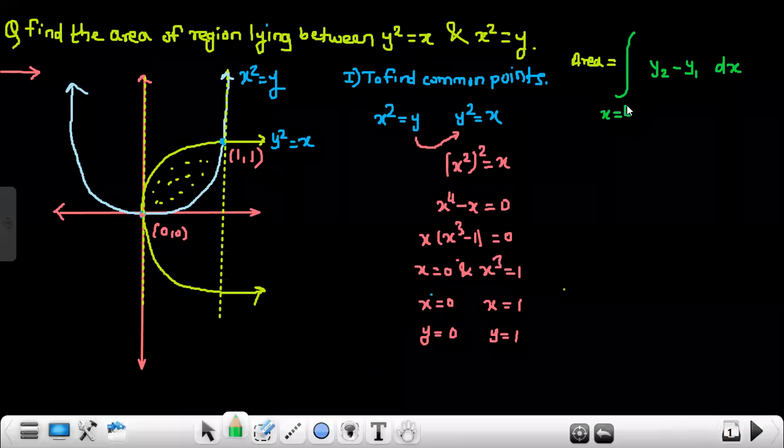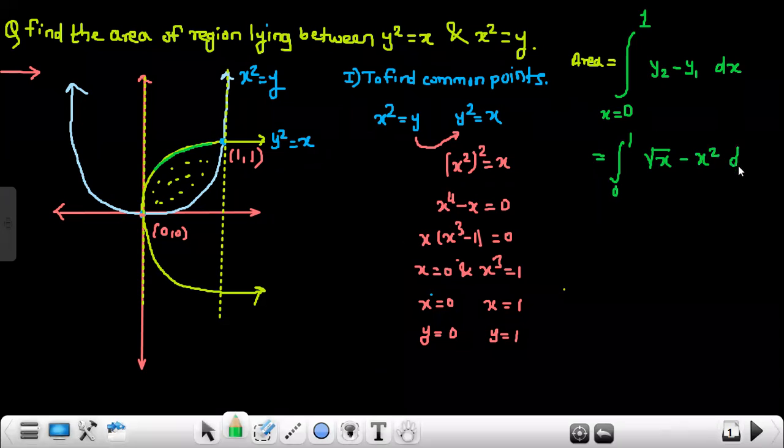So I will write x from 0 to 1. Now, who is y2? Whichever curve is upper. So y2 will be y = √x and y1 will be x².